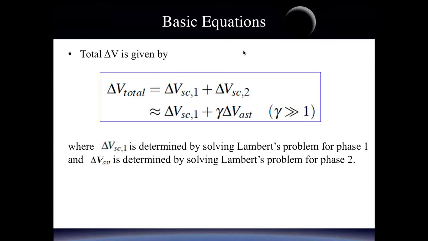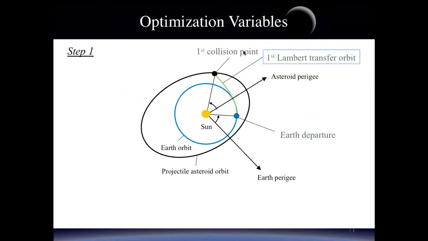In this expression, the first term is determined by solving Lambert's problem for phase 1, and the second term is determined by solving Lambert's problem for phase 2. And gamma is the mass ratio of the small asteroid and spacecraft, and is assumed to be very large.